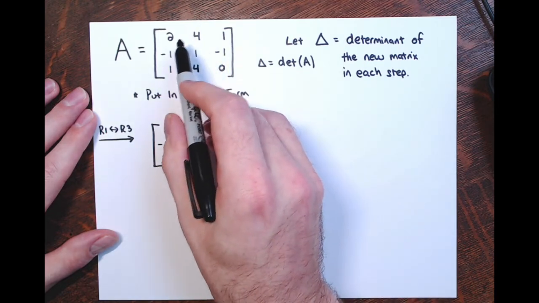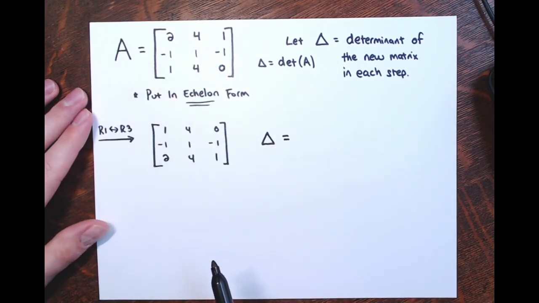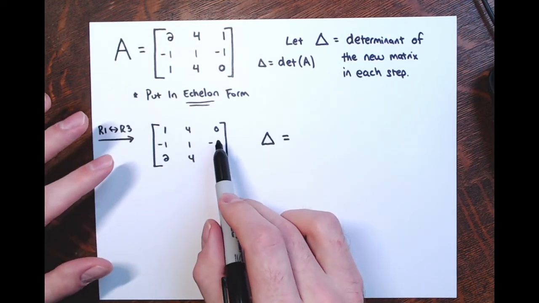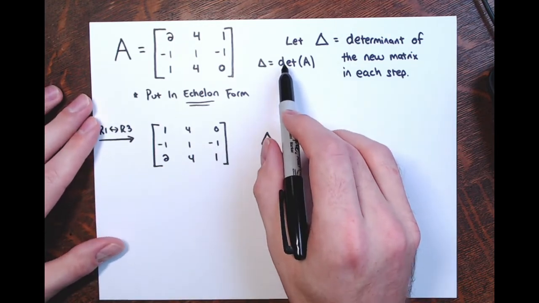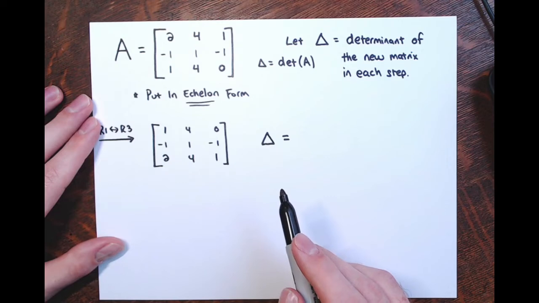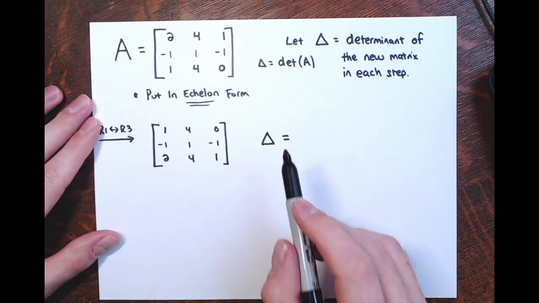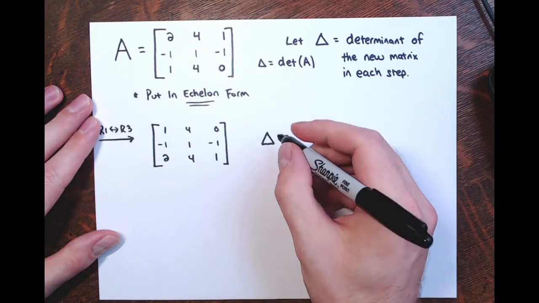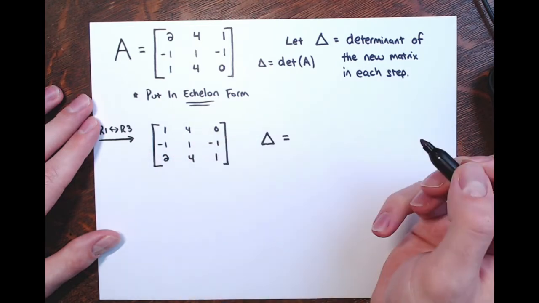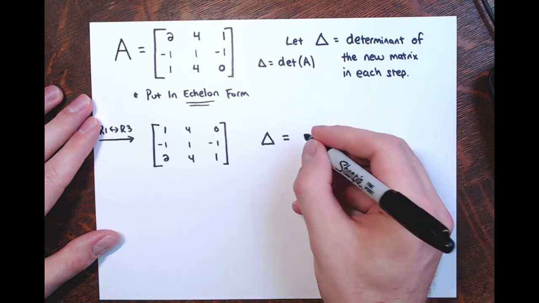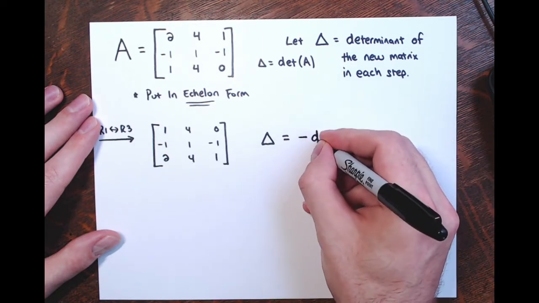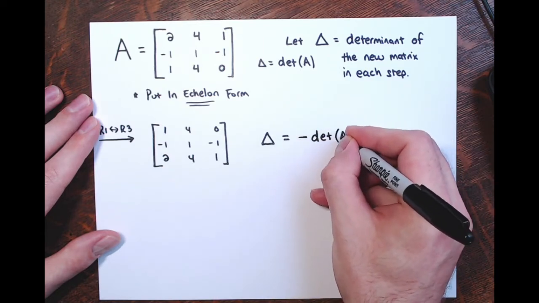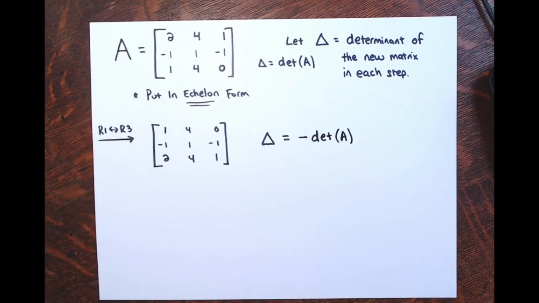Now, remember, I switched rows. So the determinant of this new matrix will be the opposite of the determinant from the previous step. The determinant of the previous step was the determinant of A. The determinant of this step's matrix will be the opposite of the determinant of A. And again, that's because I switched 2 rows.